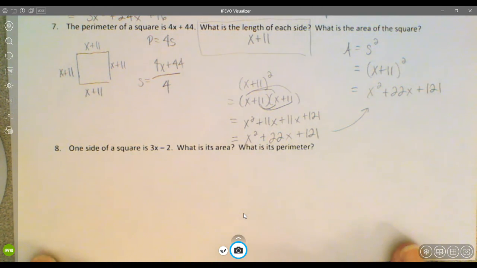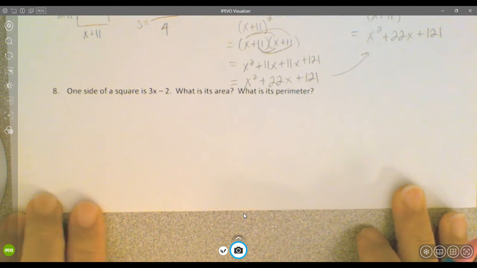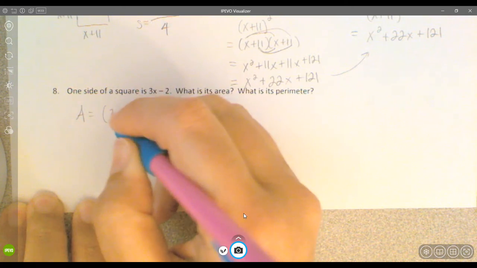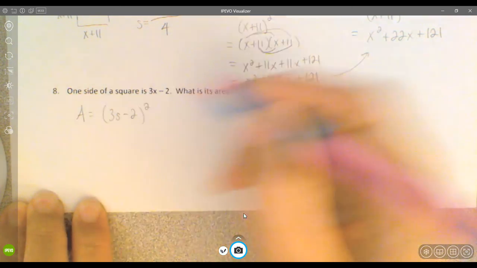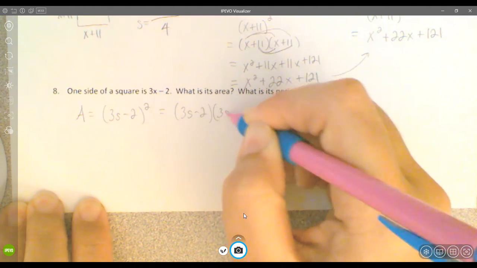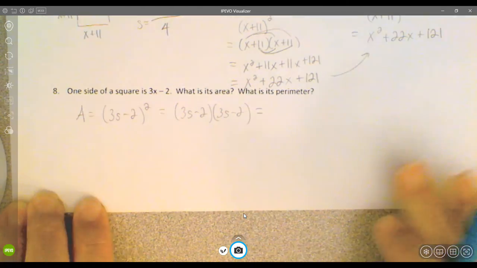Last one. One side of a square is 3x minus 2. What is its area? Well, area is 3x minus 2 squared, which is 3x minus 2 times 3x minus 2.